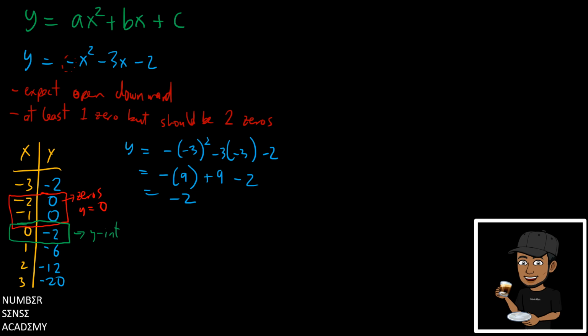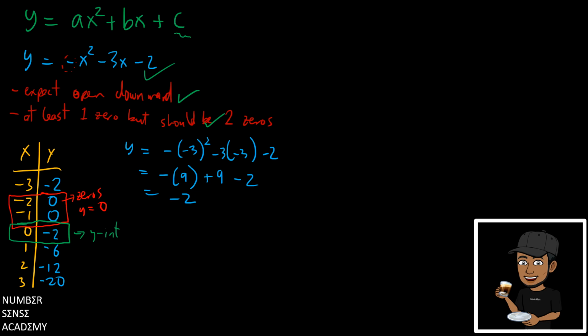I see all my y values are negative, so I expect it to open downwards, check. There's at least one zero, but there should be two. So there's two. And from previous thinking, we know that our y-intercept is just c. It's -2. It's right here.